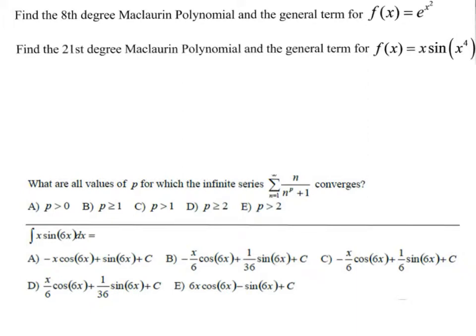Well, first, again, you should probably be moving towards memorizing that e to the x is approximated by, and this general term is x to the n over n factorial.